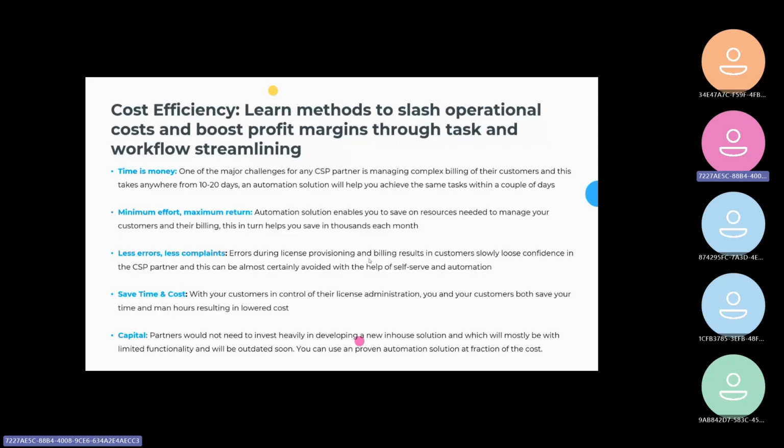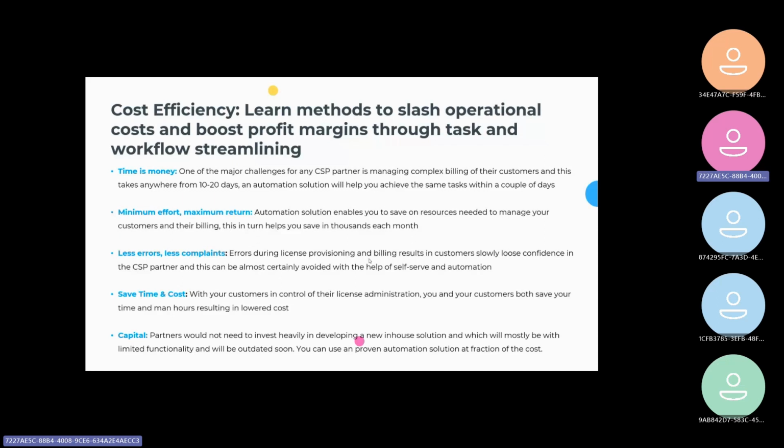One of the major challenges any CSP partner faces is the complex billing for their respective customers. As it is, it's already complex, and on top of that, Microsoft, as the provider, keeps bringing in new changes, and it becomes very difficult for CSP partners to keep up.